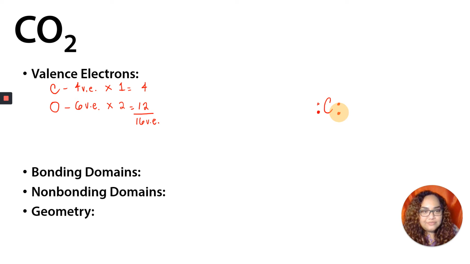Now how about for oxygen? You're going to draw them on either side of carbon. Now it looks like carbon is so small, so sorry about that. So oxygen has 6 valence electrons. So we're going to draw that.